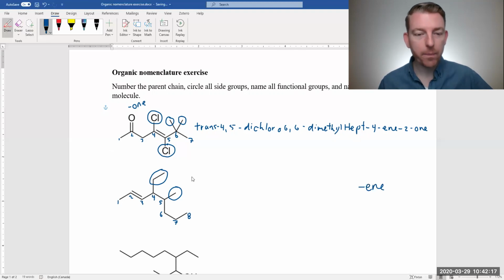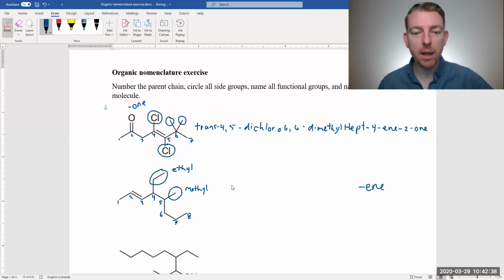Okay, so this would now be an ethyl, because we have 1, 2 carbons attached, and this just has 1 carbon, so this would be a methyl group. And I think we're done. So how are we going to stack these up? Again, it's alphabetical, so the ethyl will come first.